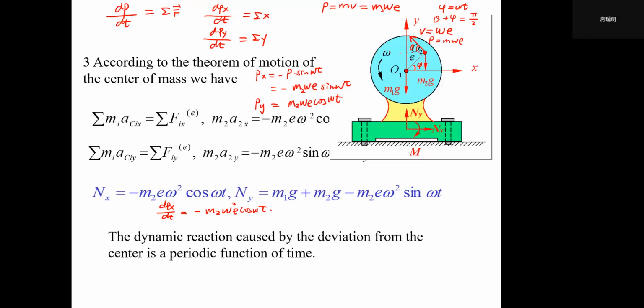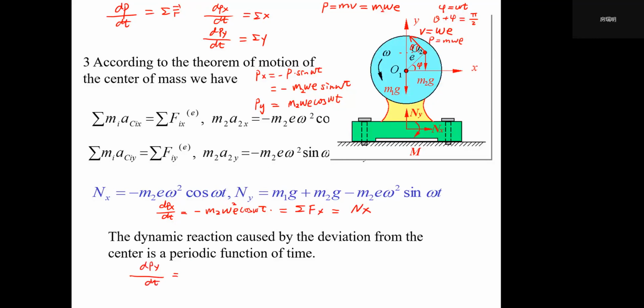Can you understand me? So dpx/dt equals minus m2 omega e cosine omega t times omega, and this equals sigma Fx, which is Nx. So you can find the same answer: Nx equals minus m2 e omega squared cosine omega t.